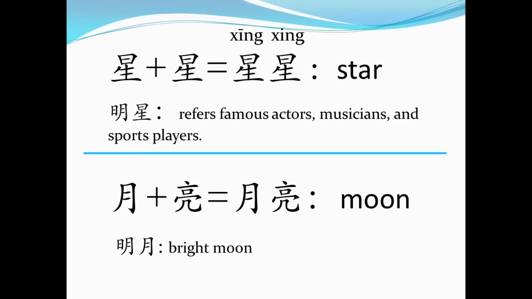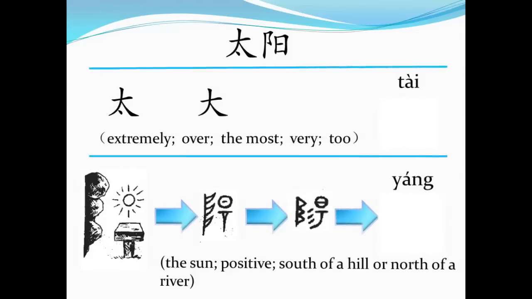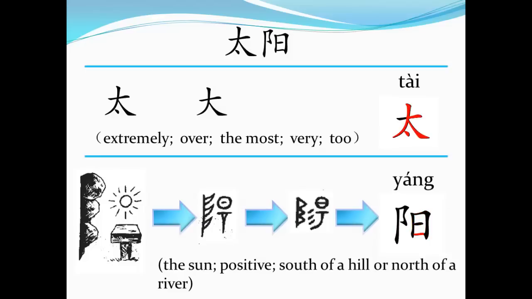Now we know the star is 星星, the moon is 月亮, then how about the sun? This one is special. We knew 日 has the meaning of the sun. But the character 日 is not in this word 太阳. It does appear in one of those characters though.